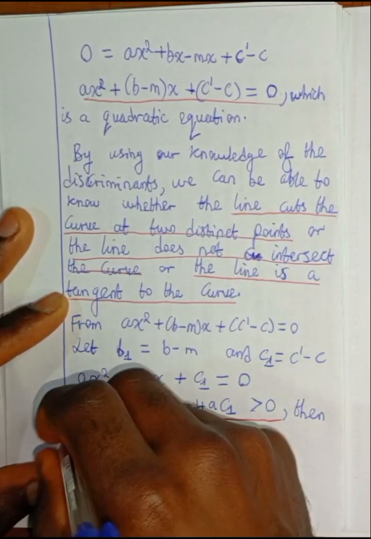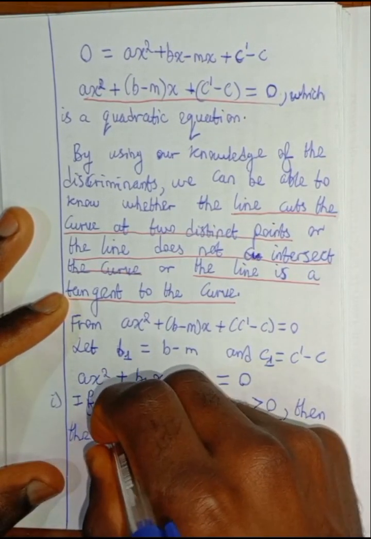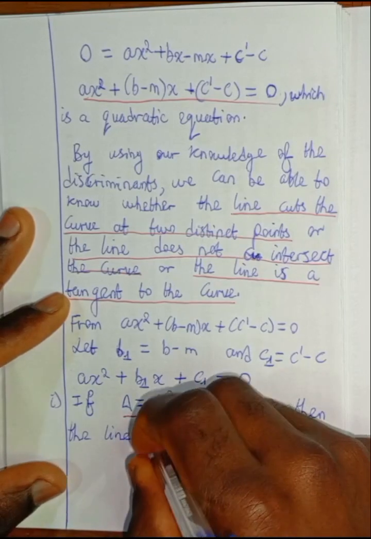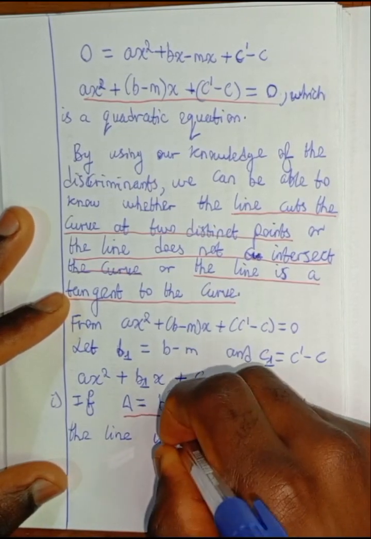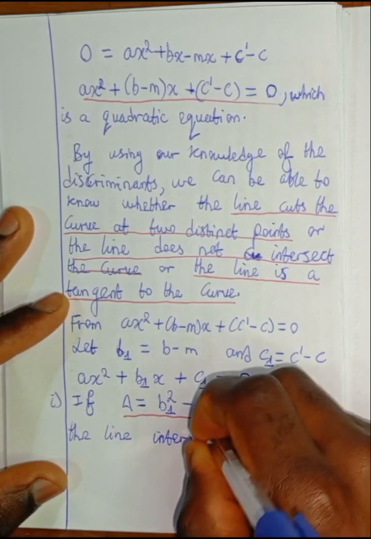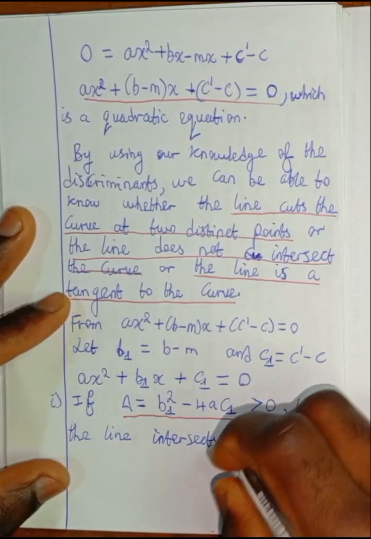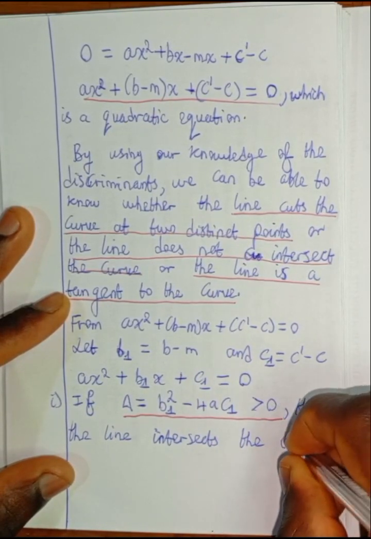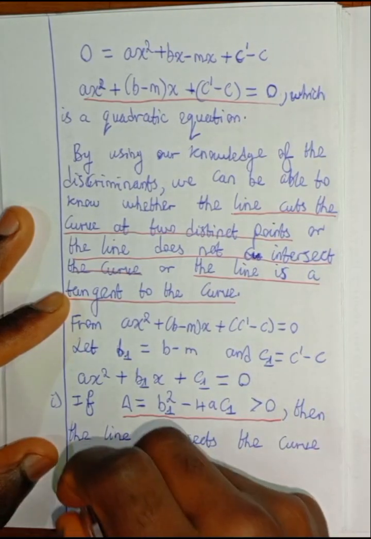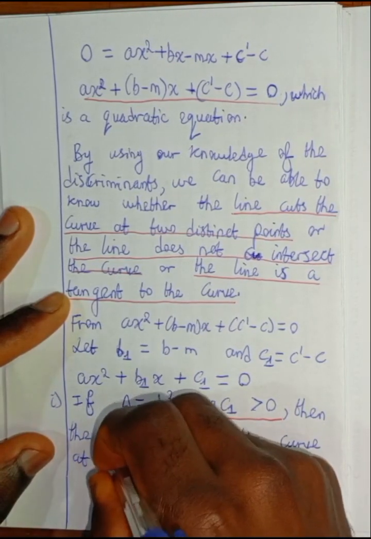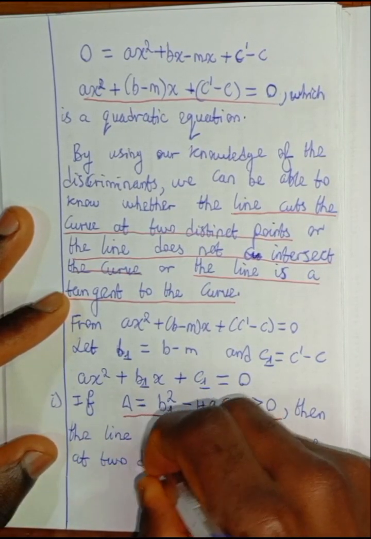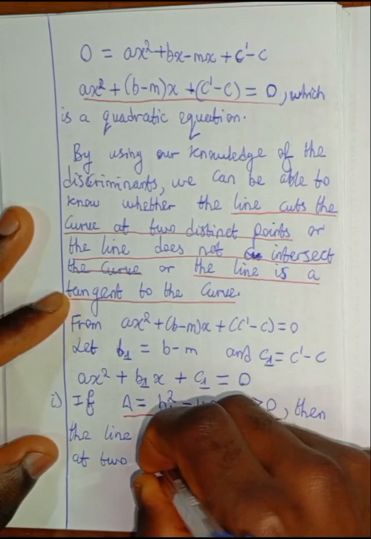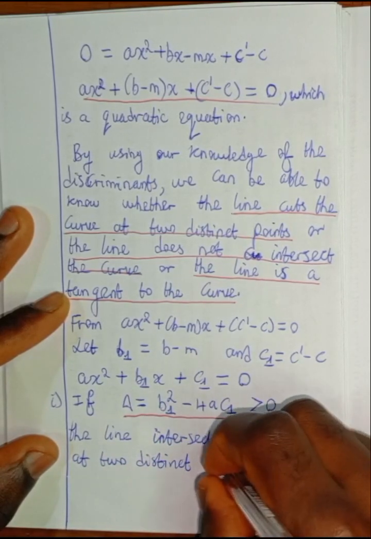then the line intersects, means cuts the curve, at two distinct points.